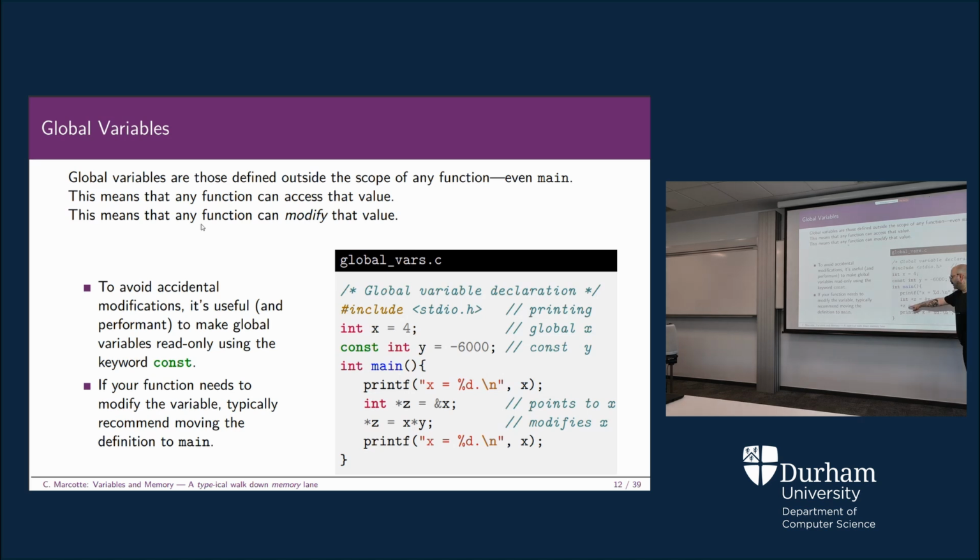And then the value at z is set equal to x times y. Because this is a pointer to x, this is going to modify x. So if you then printf the value of x, you won't get 4, you'll get minus 24,000. I don't know why I made it so large.